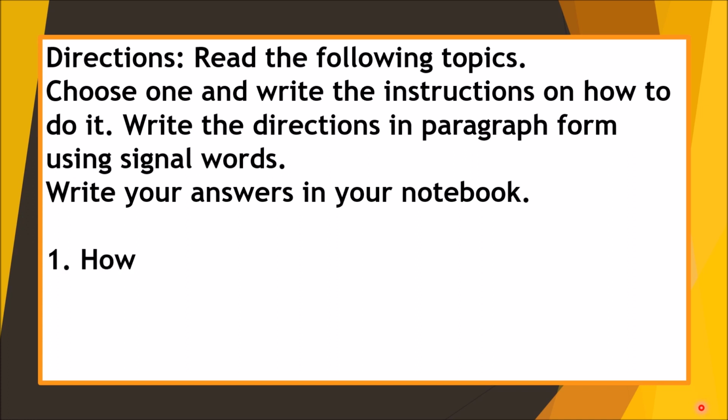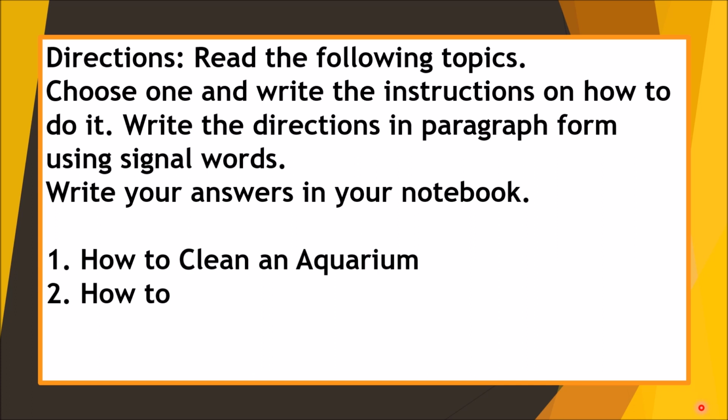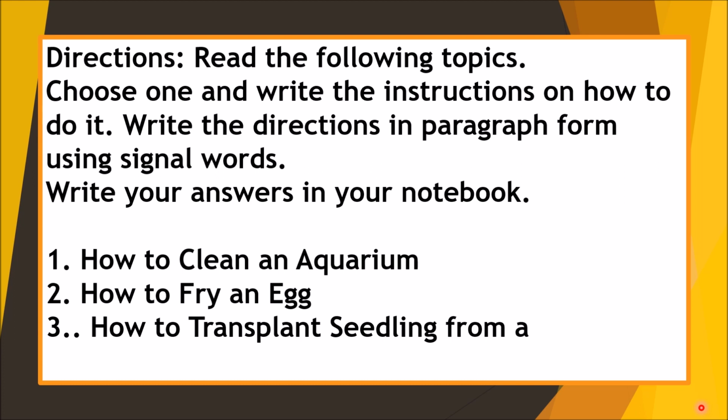So you have to choose only one topic: how to clean an aquarium, how to fry an egg, how to transplant seedling from a plant box to the ground. Then you're going to write the directions in paragraph form using signal words, like the examples that I have shown you a while ago. Okay?